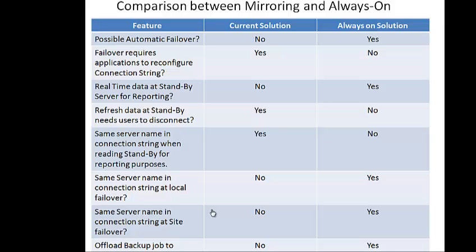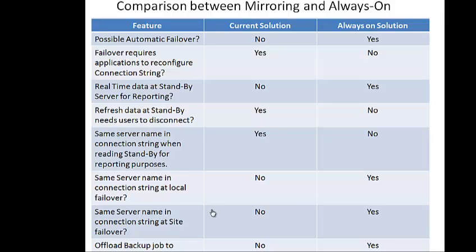The second bullet point is failover requires the application to reconfigure the connection string. In the current solution, you do require that because it's manual failover. So the switch that mirroring offers, failover partner, is not applicable.